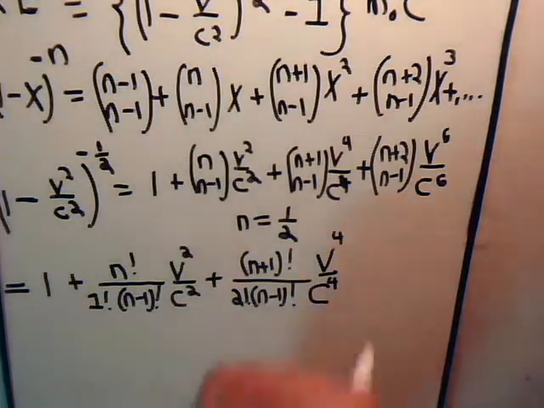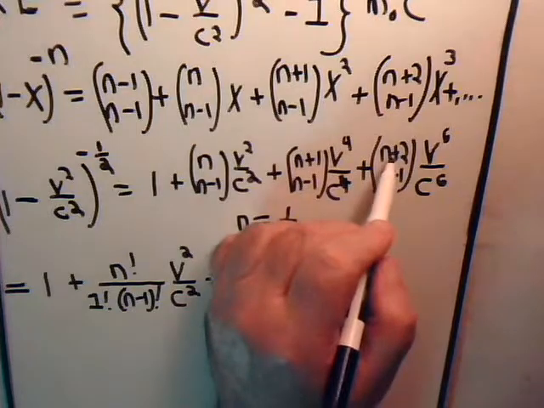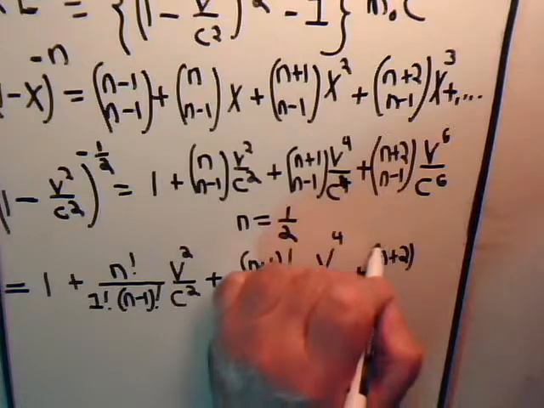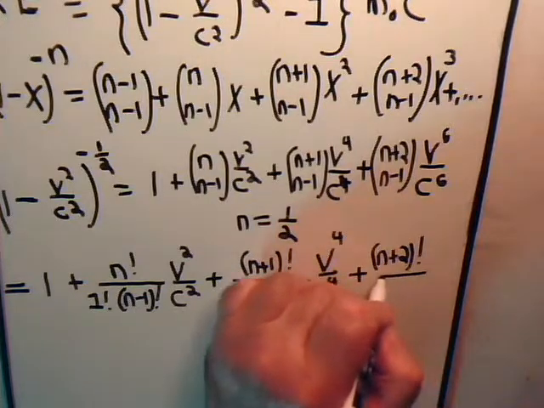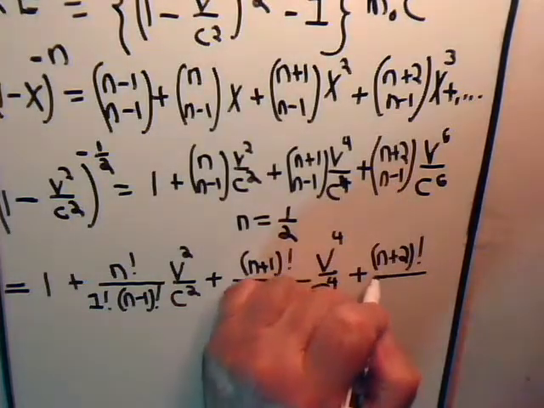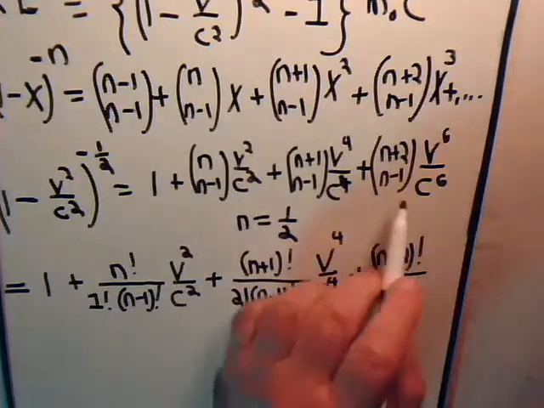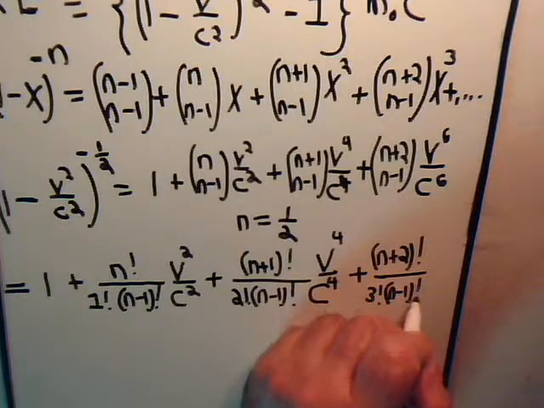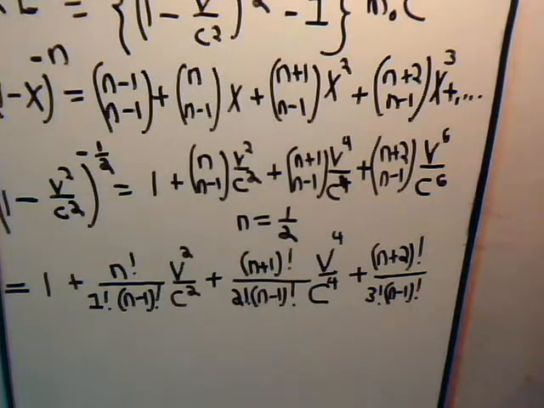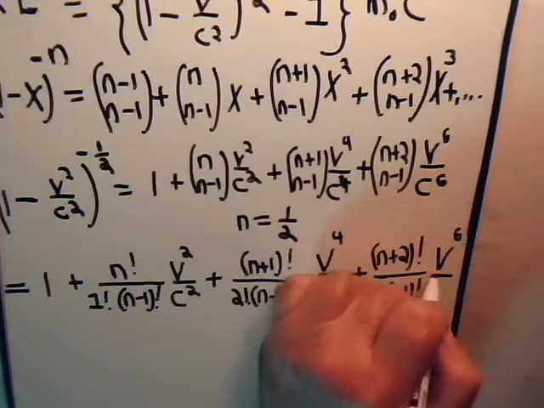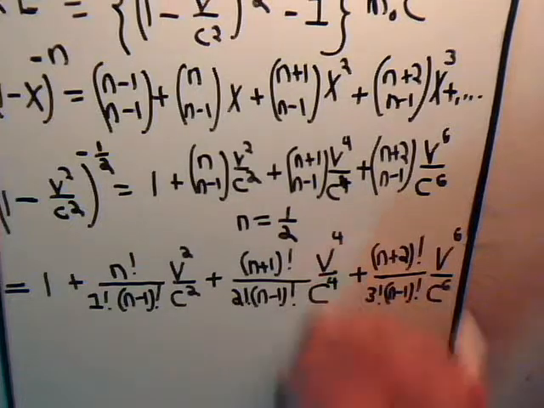Plus, from this term here, we have n plus 2 factorial, and then we have this term minus this term, that will be 3 factorial, times n minus 1 factorial from that binomial coefficient, and that is the term for v to the 6th divided by c to the 6th power.